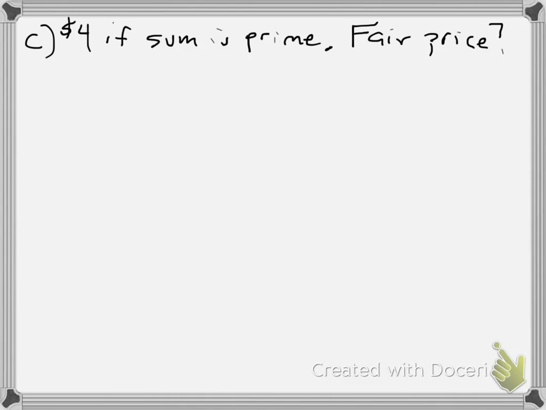All right, part C here, which skipped a couple pages because I had some printing issues, said, okay, let's do another game, same idea with the 2 dice, but you're going to win $4, you're going to be up $4 if the sum is prime. Well, it's a fair price to play. Well, Mr. Bessling's a little cruel. Do you remember what a prime number is?